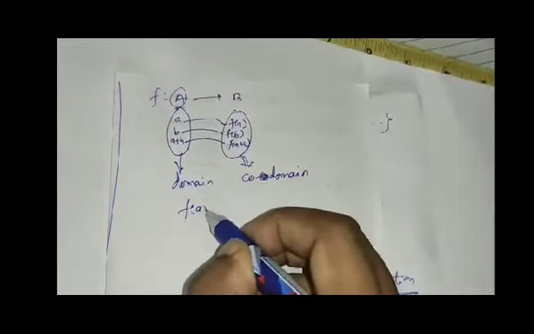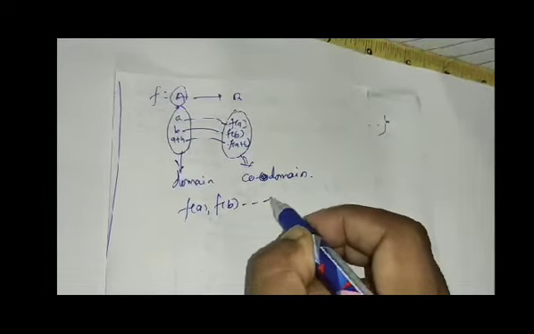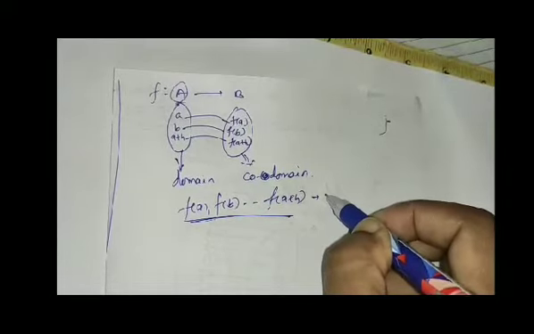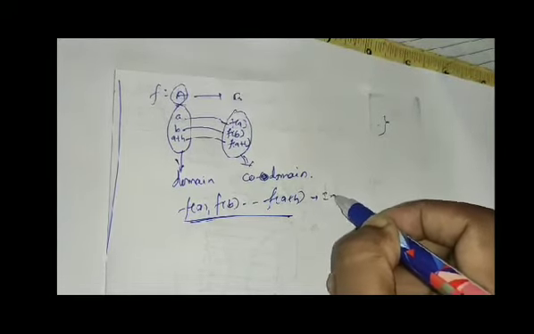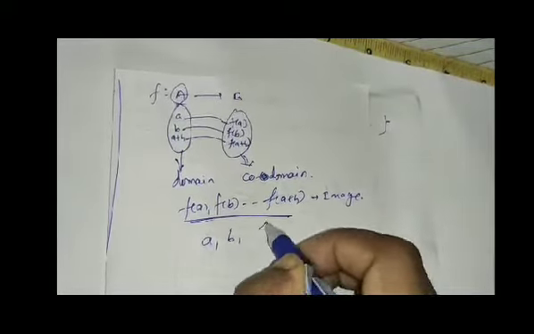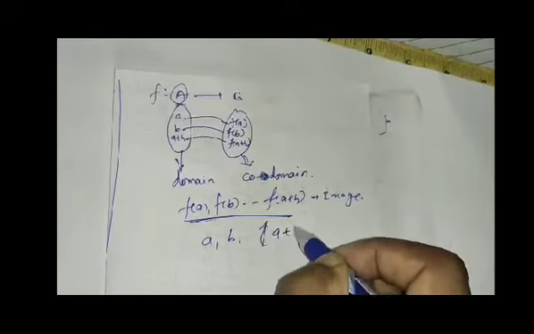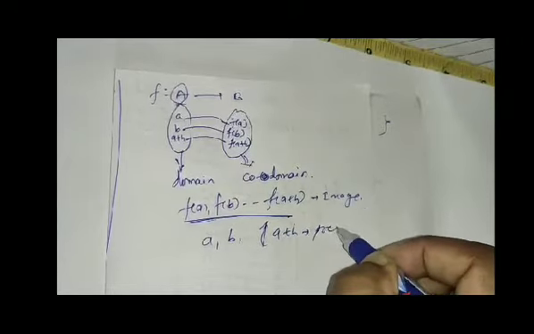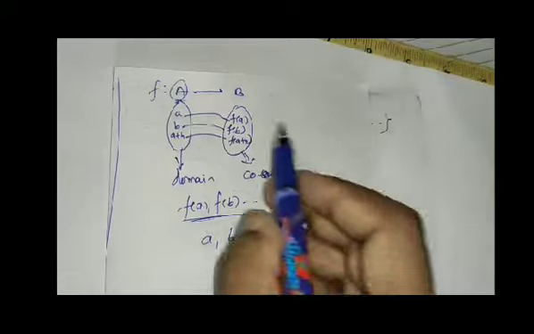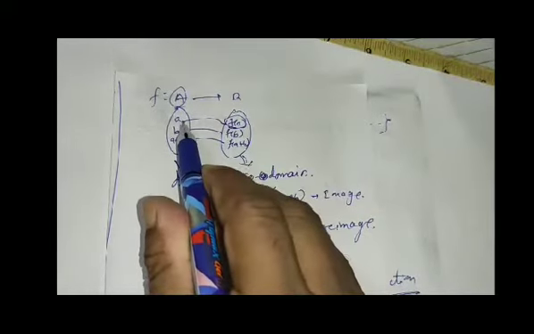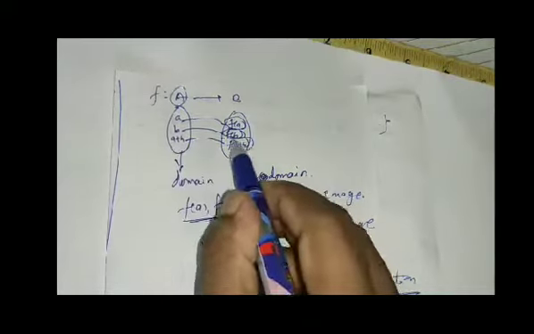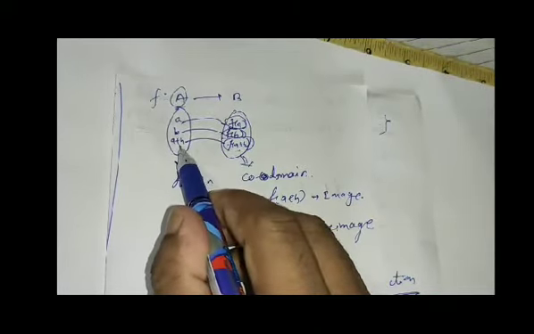And f of a, f of b, f of a plus h, and so on, these terms are called images. And this a, b, a plus h are all called pre-images. So here f of a is the image of a, f of b is the image of b, f of a plus h is the image of a plus h.